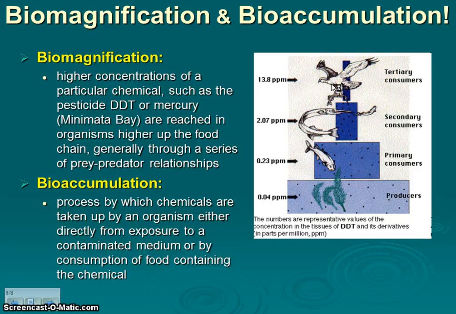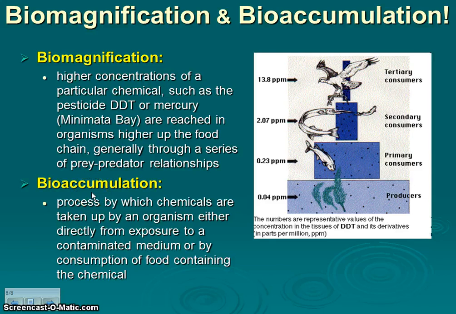Because the top level consumer really gets a higher concentration of whatever chemical we're referring to in this idea of biomagnification and bioaccumulation. The idea of the top level consumer getting the brunt of the toxin is biomagnification, a magnifying of the concentration. We can remember a magnifying of the concentration happens at the top of the food chain. That's biomagnification. More methylmercury or more DDT will impact the top level carnivore.